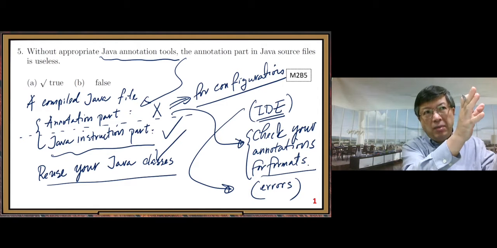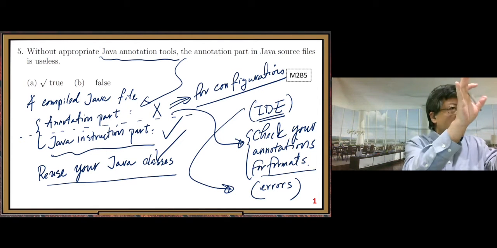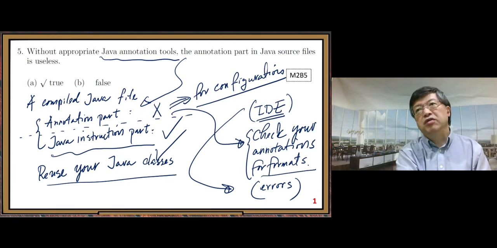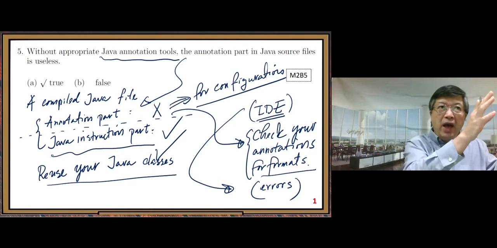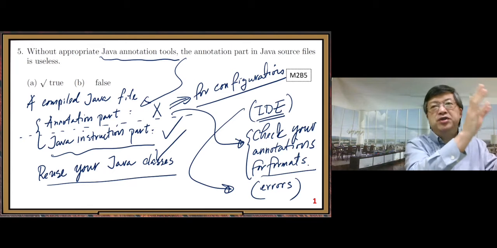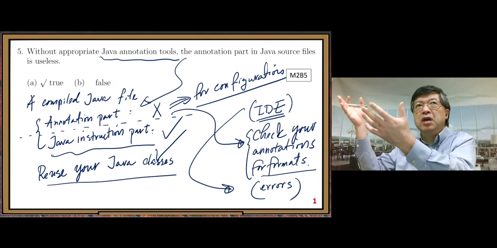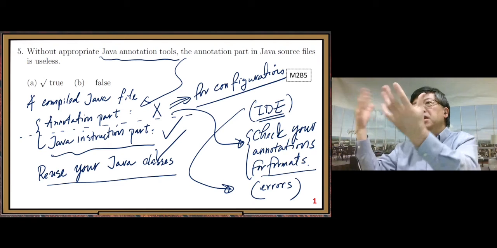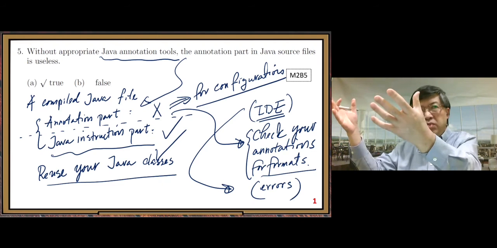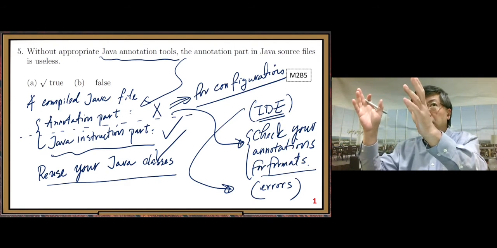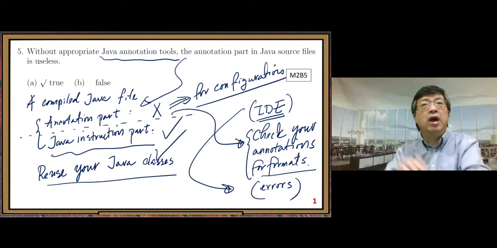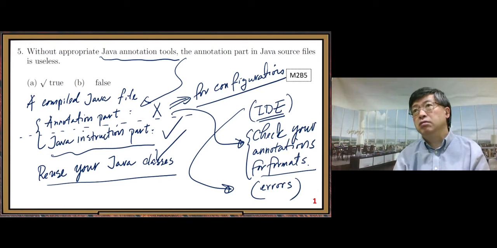In that application, you put the annotation information there. All right. Next, so you want to reuse your business class. So you copy your Java class to a different application. In that application, you only use the Java statement part. The configuration part, you may not need it anymore, right? Because you move to a new application. The new application, the situation is different from your old application, right?